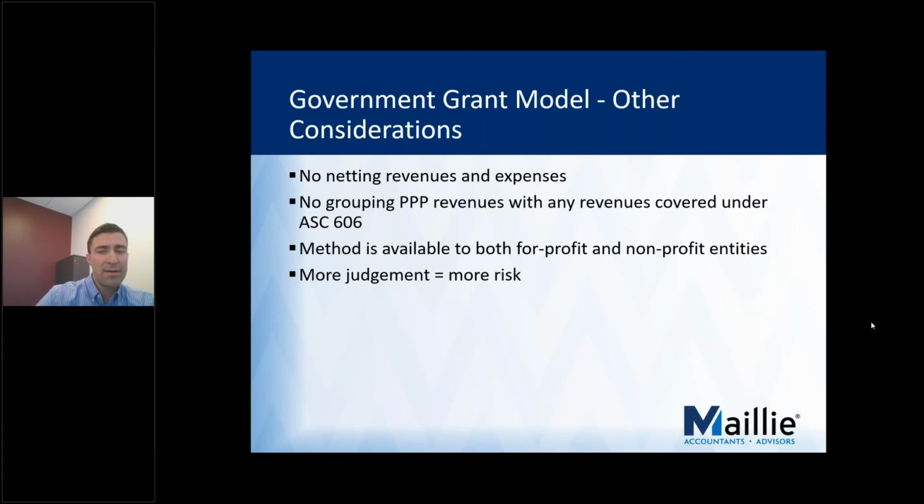So a for-profit entity might choose this method if they have a high level of confidence in their ability to be an eligible recipient and to meet the conditions of the loan. Thus, it would be able to conclude that all the relevant conditions for forgiveness, your qualification, your certification, and qualifying expenditures have been substantially met.